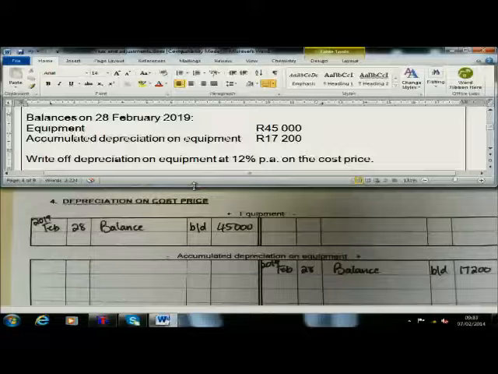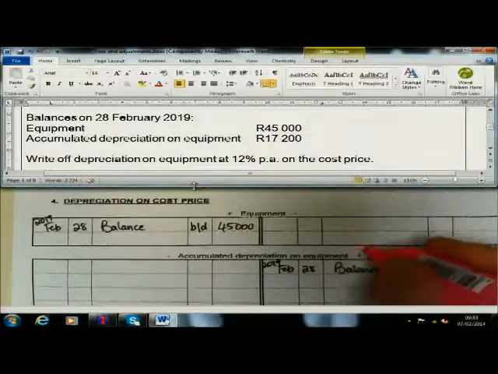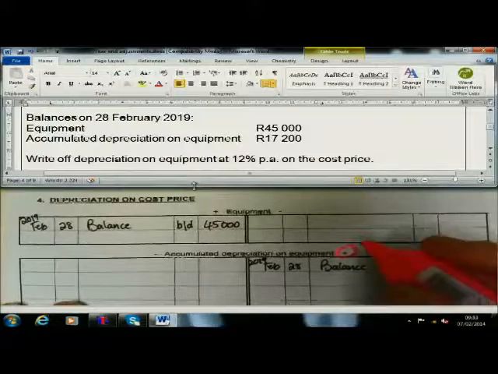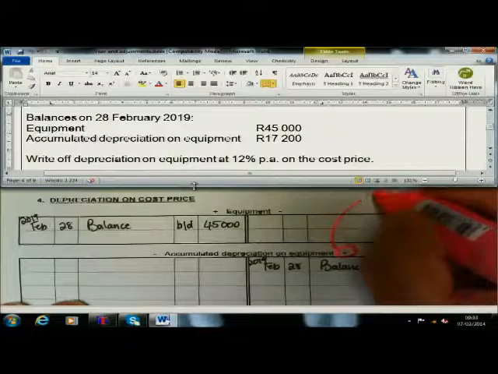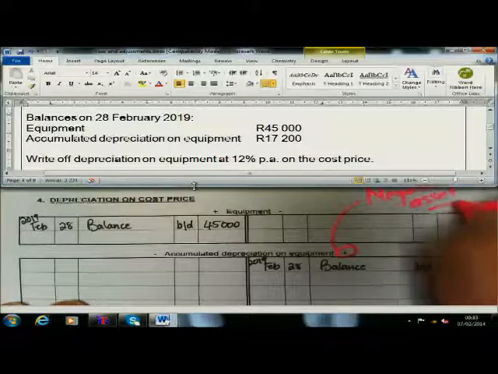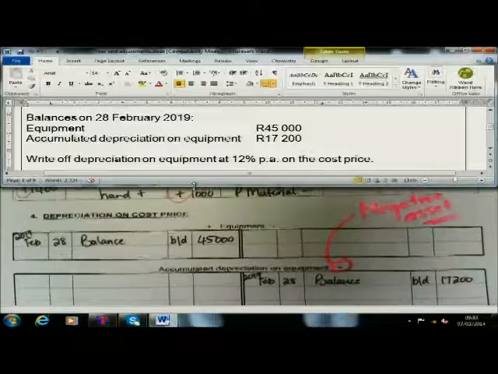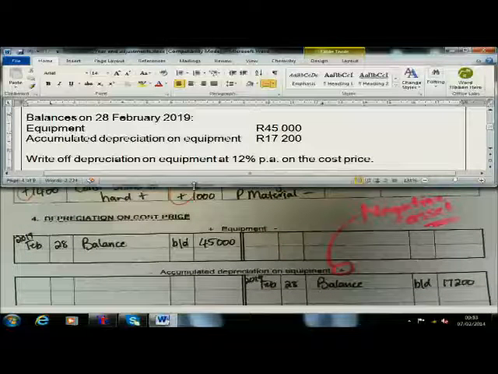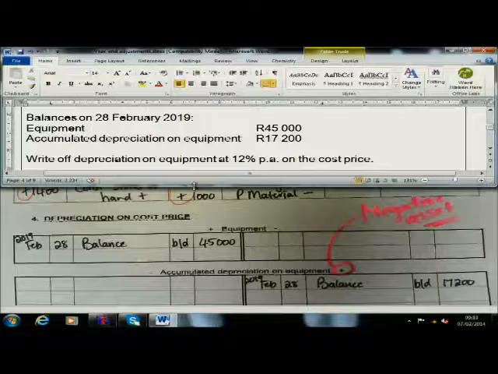The first thing is that this plus on this side show you that this accumulated depreciation is a negative asset. What is a negative asset? A negative asset is things that you are going to subtract from your asset, and it's going to make your asset less.